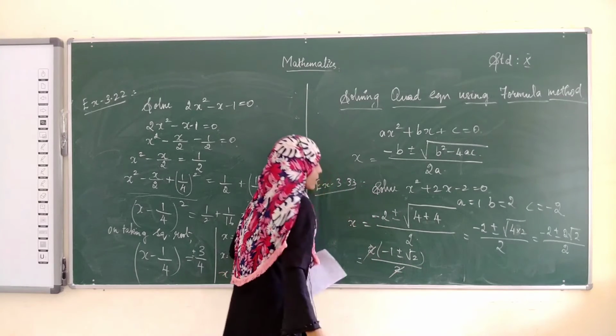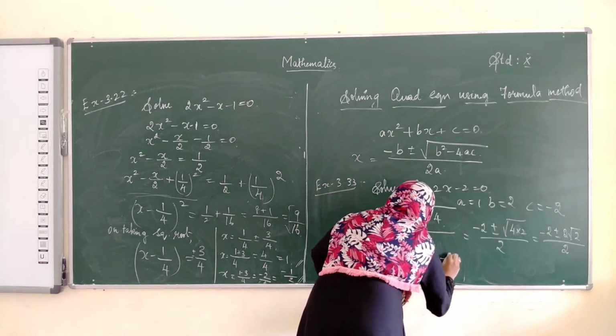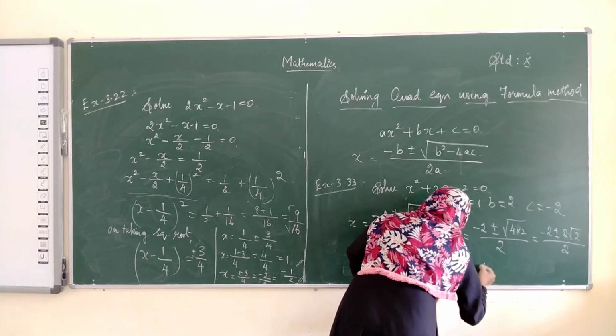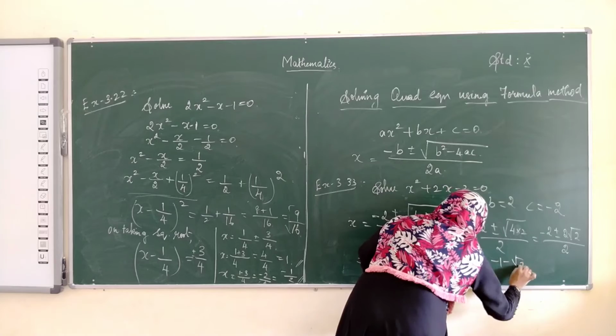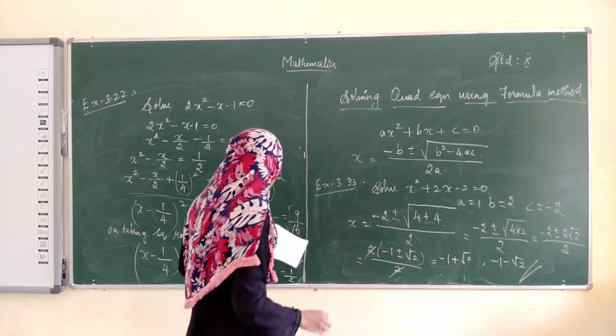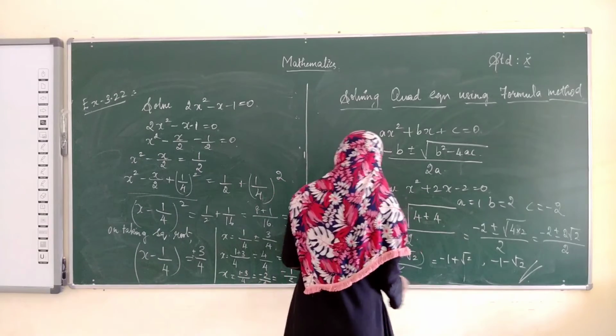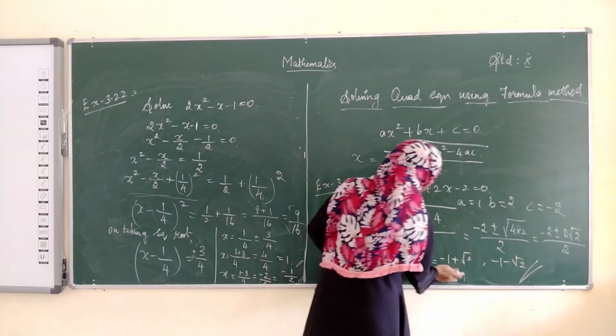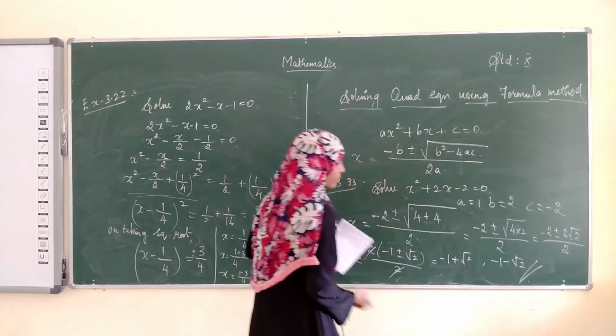This 2 and this 2 get cancelled. So what's the answer? Minus 1 plus root 3 and minus 1 minus root 3. Okay, these are the two solutions of the given equation.